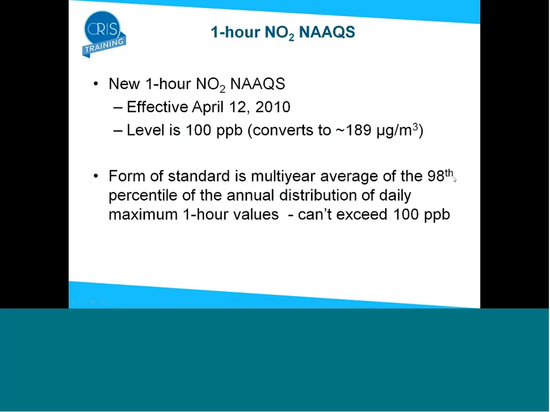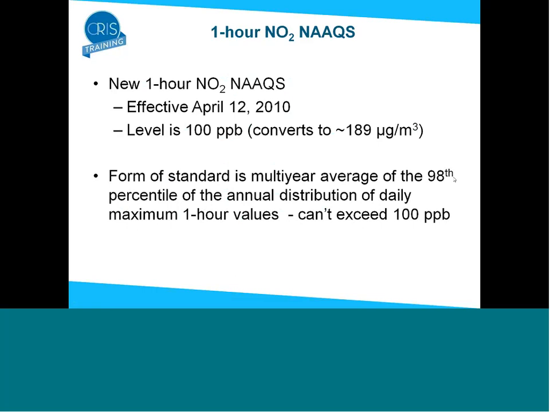So this is kind of a rehash for all of us, I think, but as you know, the 1-hour NO2 NAAQS was promulgated, or actually made effective, by US EPA on April 12th of 2010. The new level of that standard is 100 parts per billion, which converts more or less to about 189 micrograms per cubic meter.